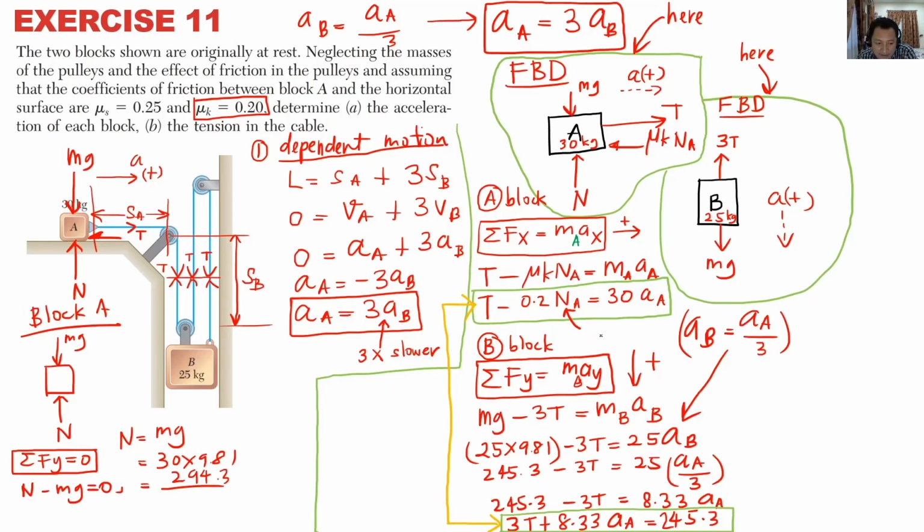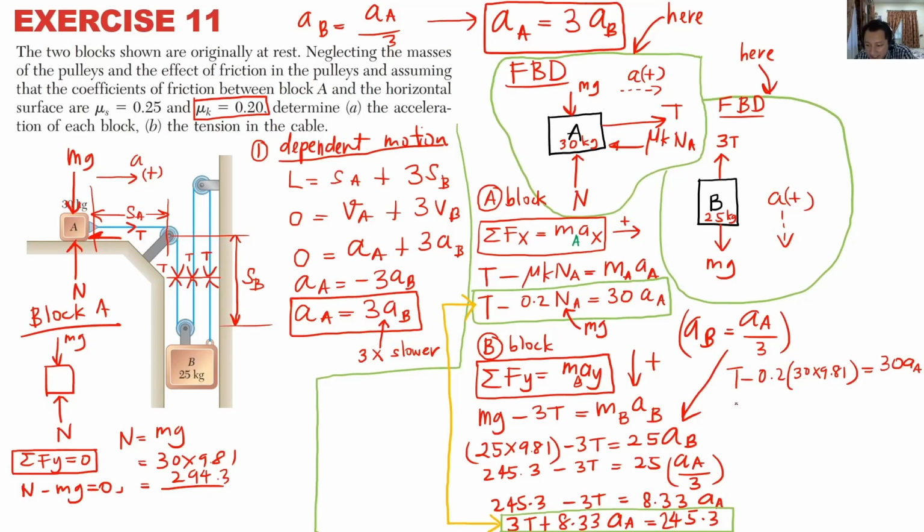So this equation we gotta plug in mg, tapi mass yang A lah. So if we plug that in, this equation becomes T tolak 0.2 kali 30 kali 9.81 equals 30 AA.